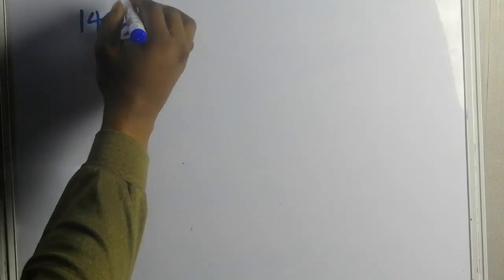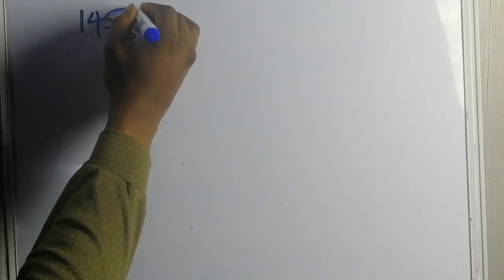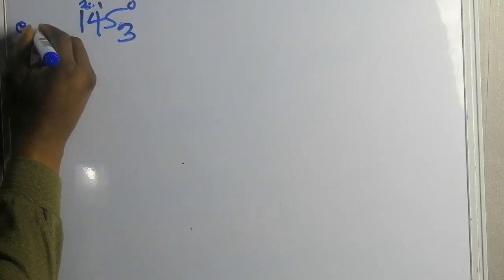Don't forget, for base 3, I mentioned it, you have 0, 1, 2, in the list I shared earlier. All you just need to do is to write the powers at the top of this number: 0, 1, 2. This is example 1.